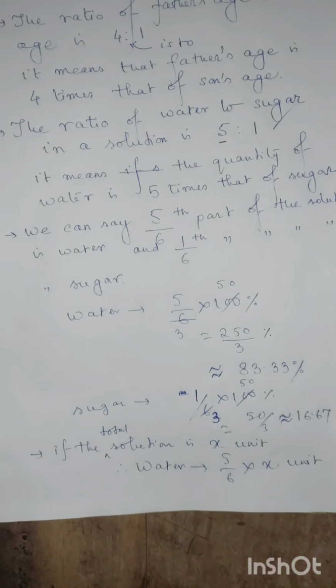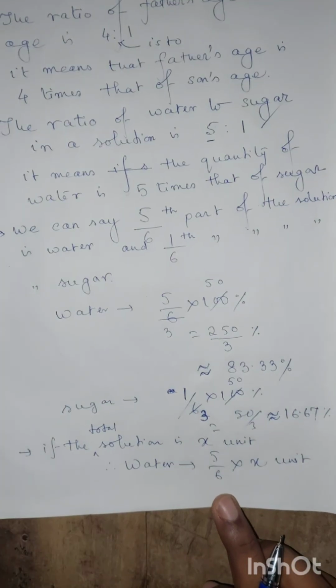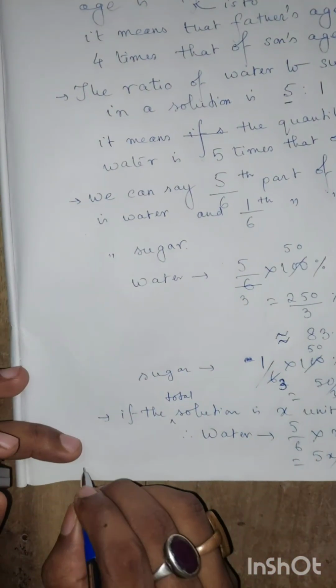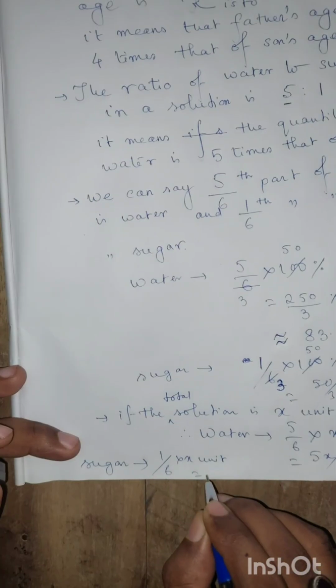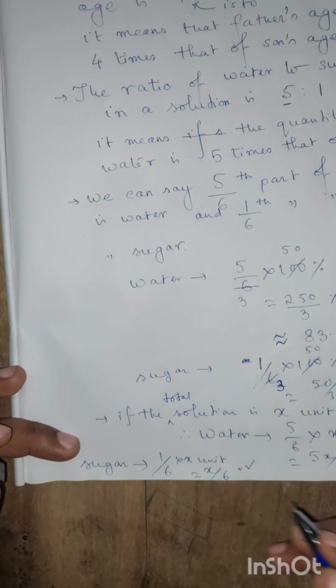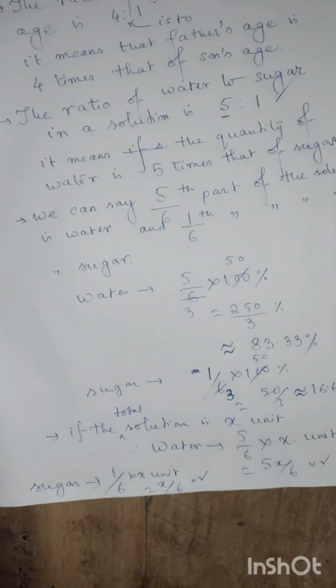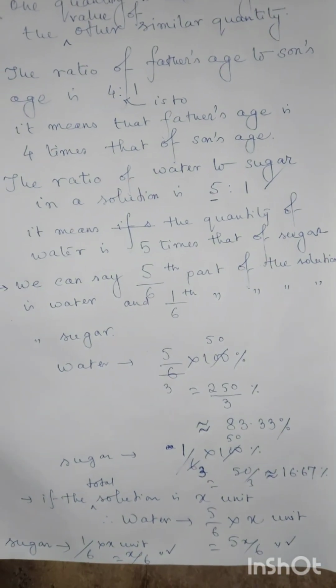So the part of water is 5/6 into x unit, which is 5x by 6 unit. This is our water. Similarly, sugar is 1 by 6 into x unit, that means x by 6 unit. If the total quantity is given, then we can represent it like this. I hope all the formats are already known to you.